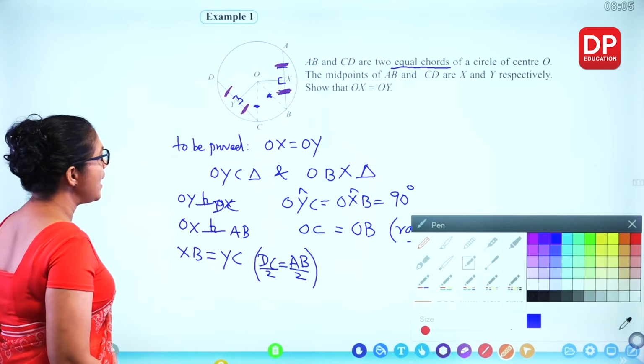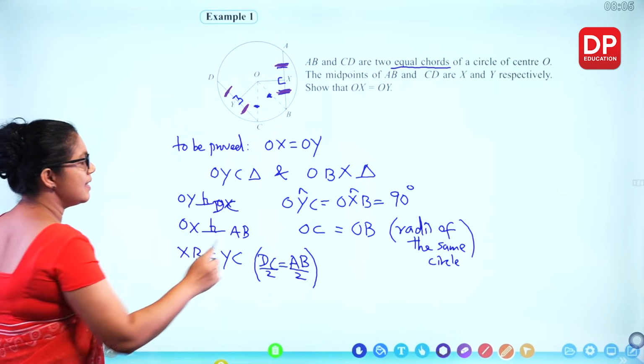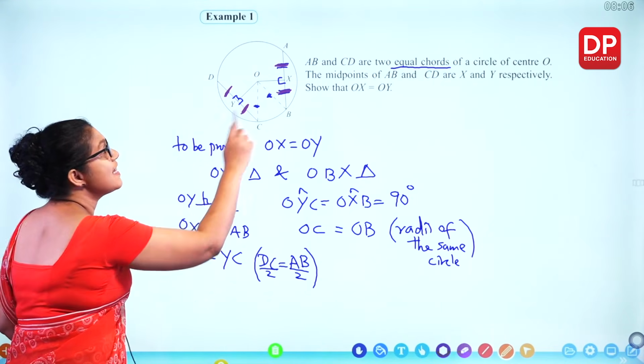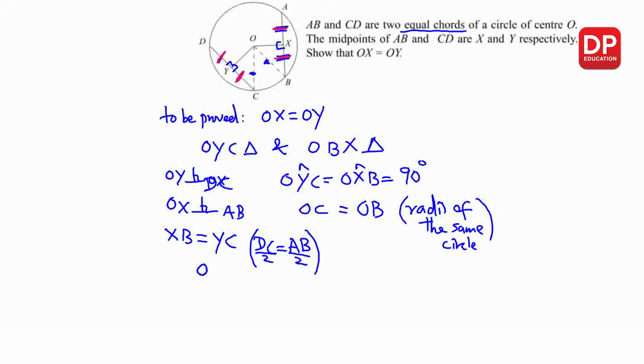So here we know that one angle and two lengths are equal. So here we can see these two are congruent to each other. So what's the reason? OYC triangle is congruent to OBX triangle.